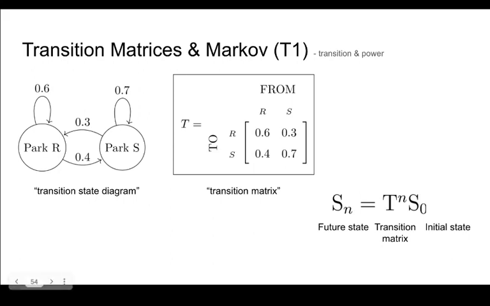Now, if I recall correctly, from what my teacher said, people are struggling with mapping the transition state diagram to the transition matrix. There are actually different ways to write this.